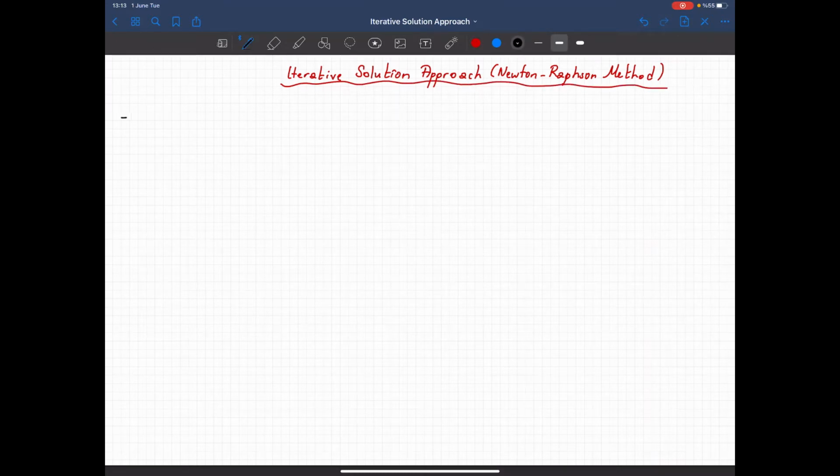So what we are trying to do is, we have a nonlinear equation, and again let's take the shallow truss equation as an example case. So we are trying to solve the following nonlinear equation.